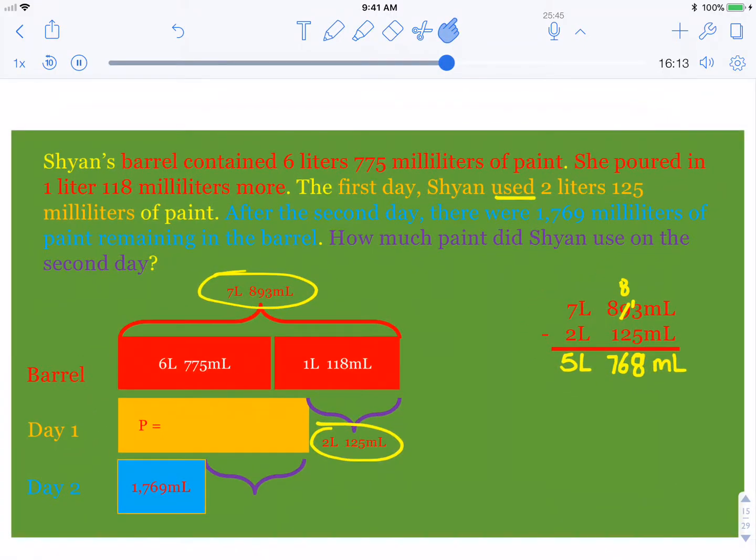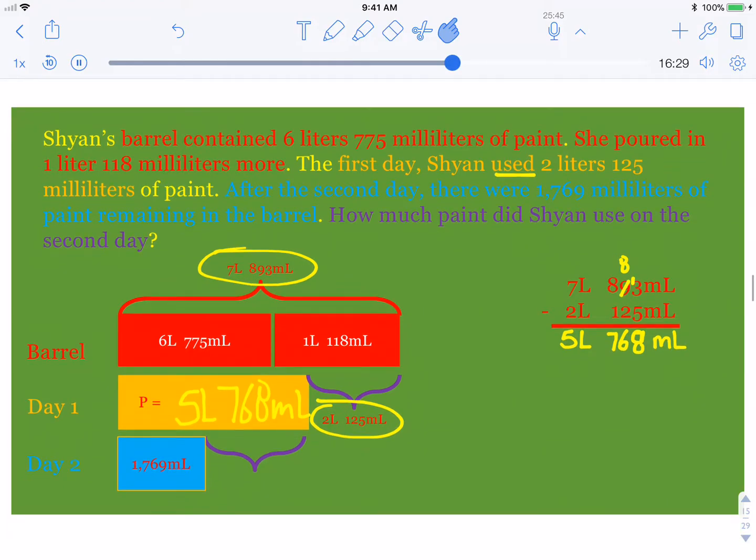So after she used her paint the first day, she now has 5 liters, 768 milliliters of paint left in her bucket.